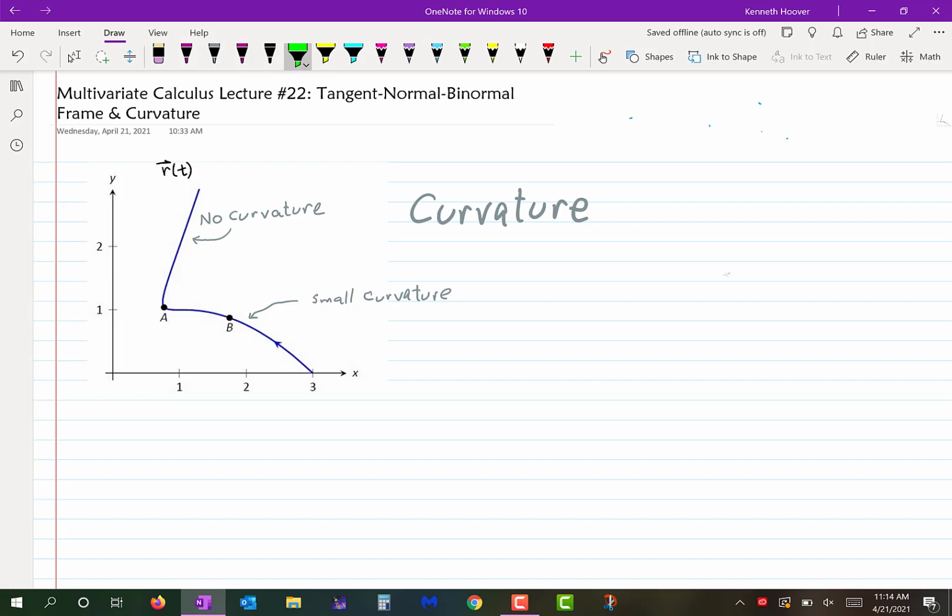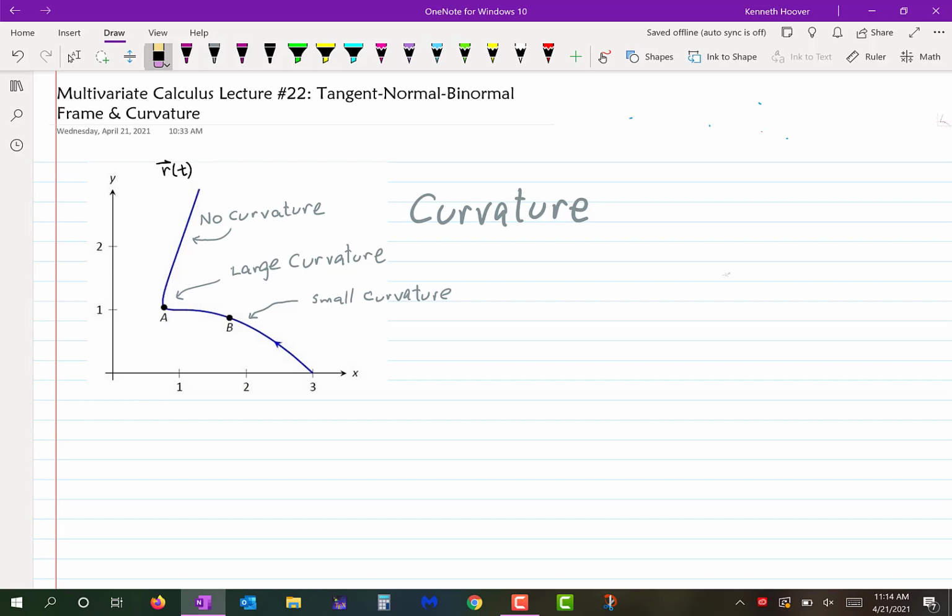Now, this portion of the graph, there's a really tight bend, isn't there? So there would be big curvature. Well, let's write large instead of big. So I would like to have a number that I could calculate that would tell me how much the graph is curving.